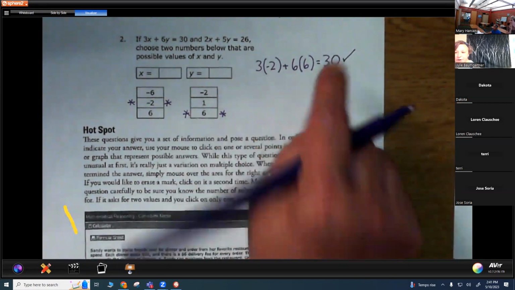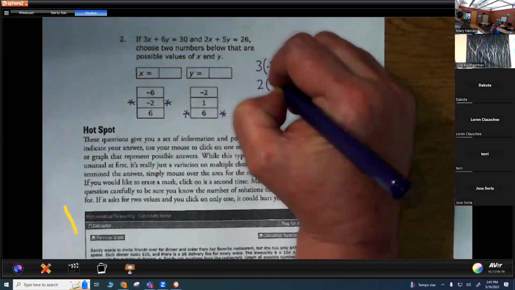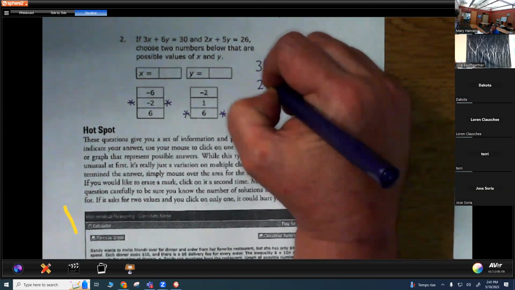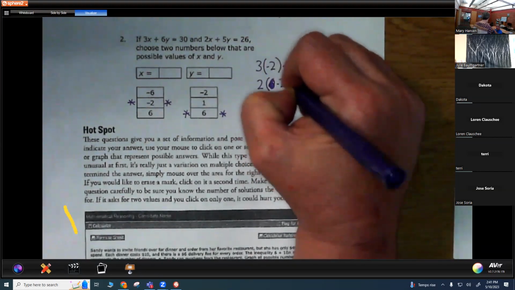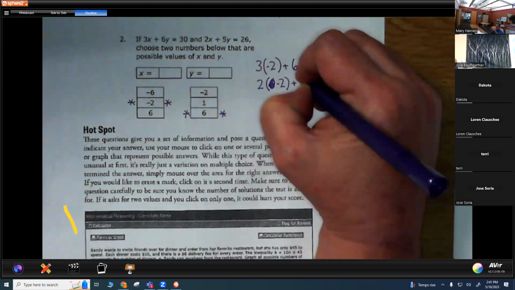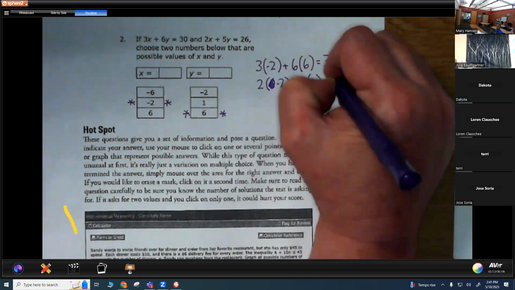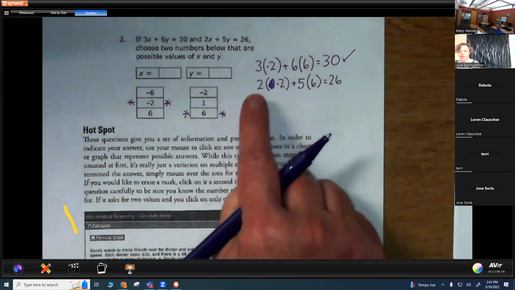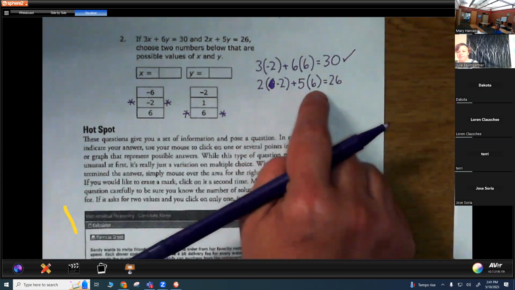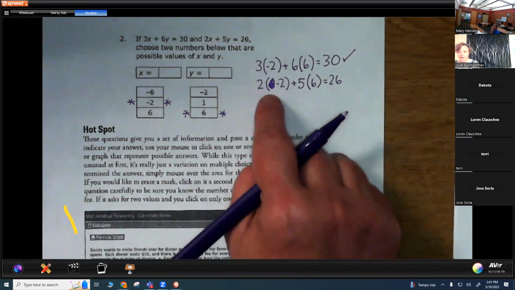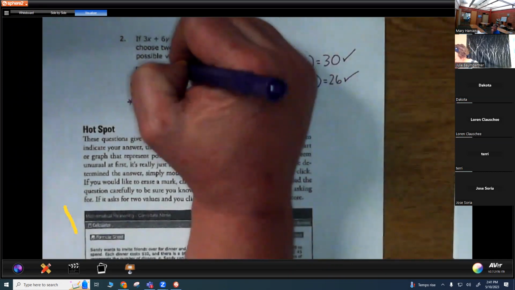Now we just have to see if it works for the second one as well. X is still -2. So 2 times -2 is -4. 5 times 6 is 30. So -4 plus 30 is 26. Very nice job, Jose.